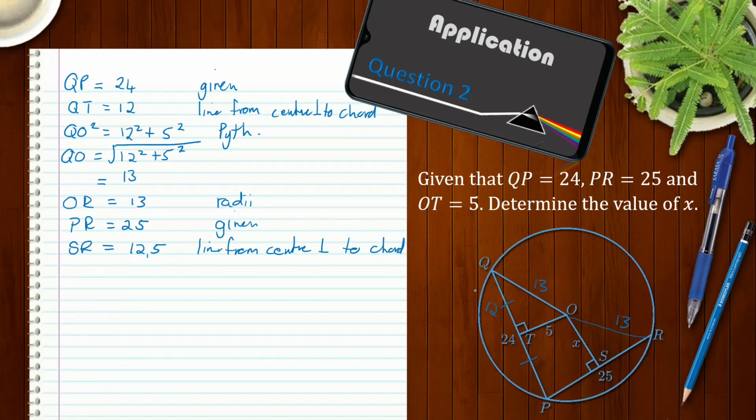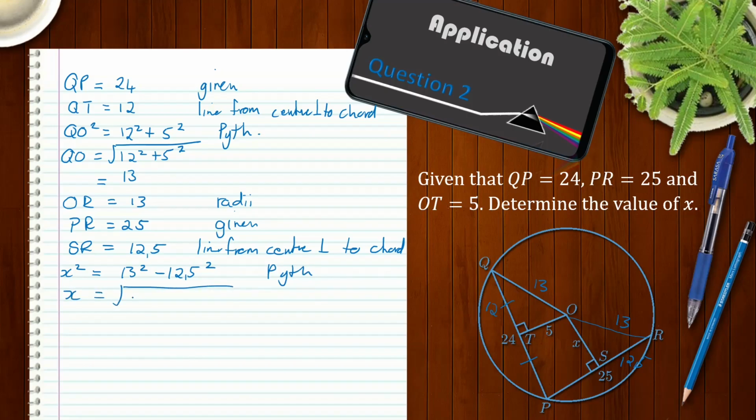Okay, and if we know that this is 12,5, we use Pythagoras to solve for x. Okay, so x squared is equal to the hypotenuse, which is 13 squared, minus the other side, 12,5 squared. Okay, Pythagoras, and then square root both sides.